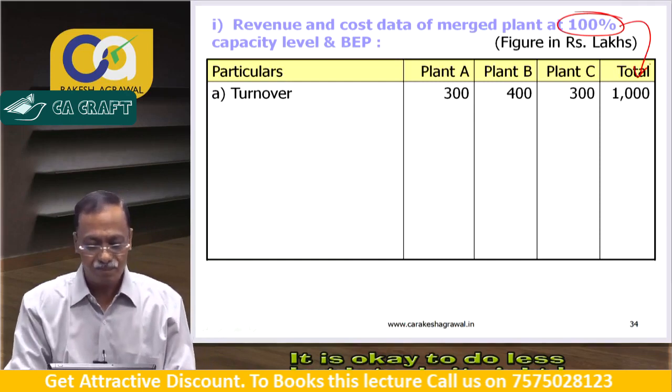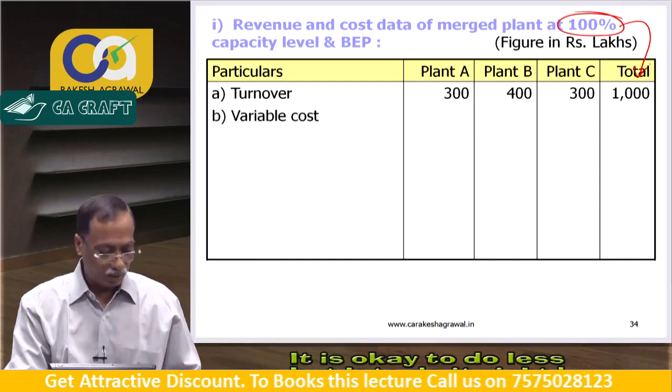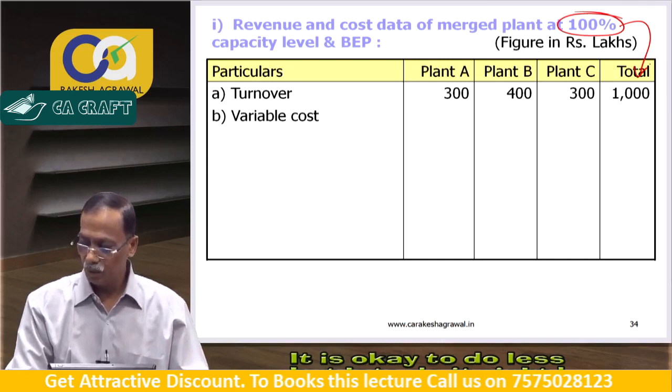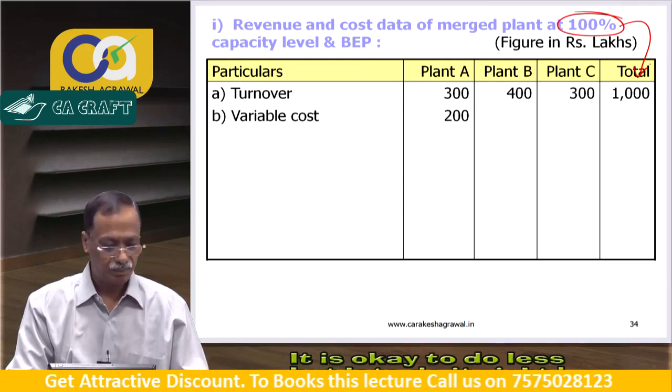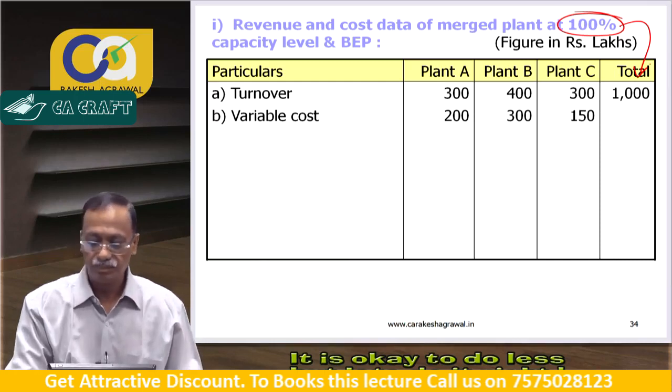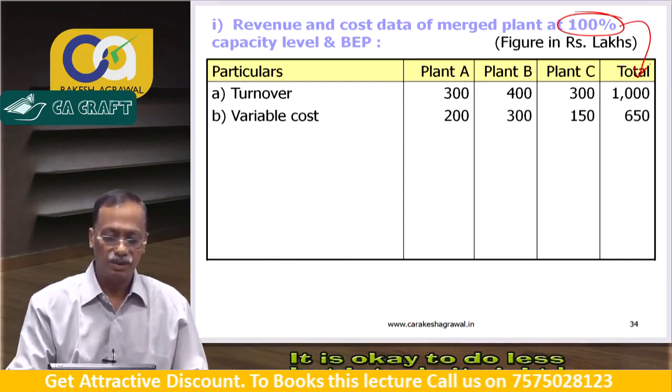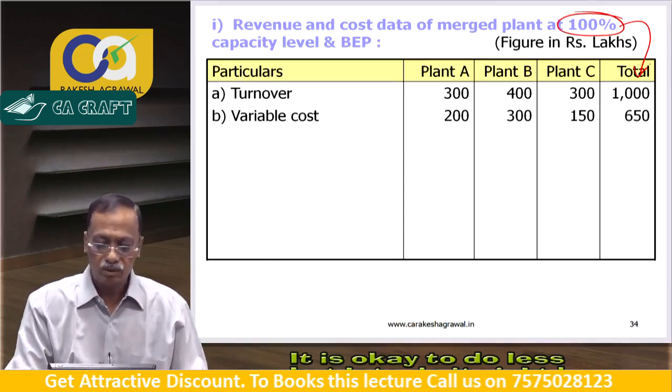That is the meaning. B, variable cost: 200, 300, 150, total 650.